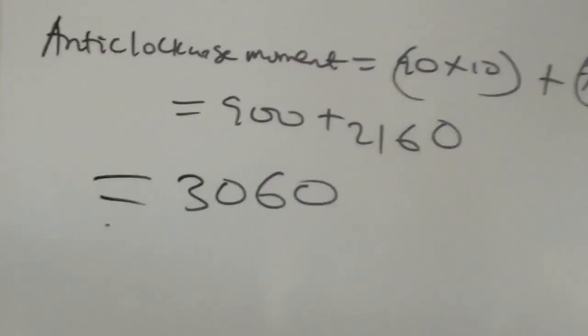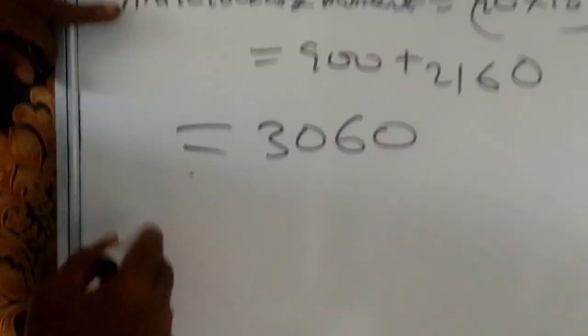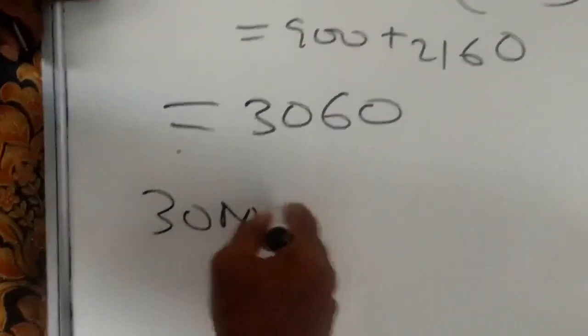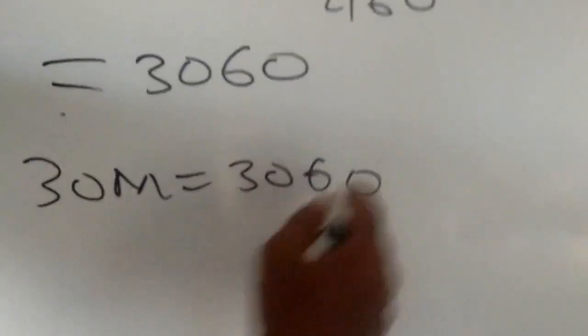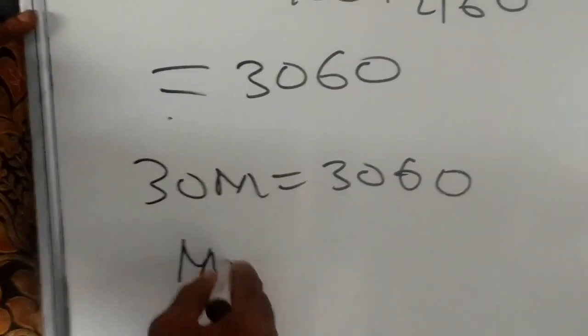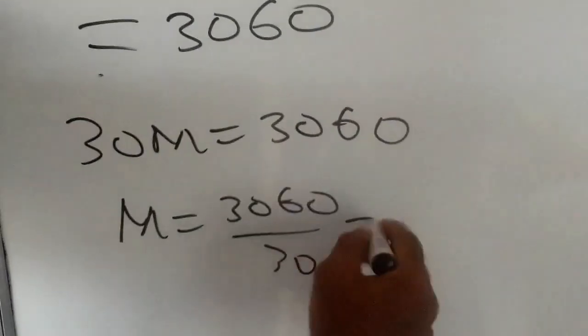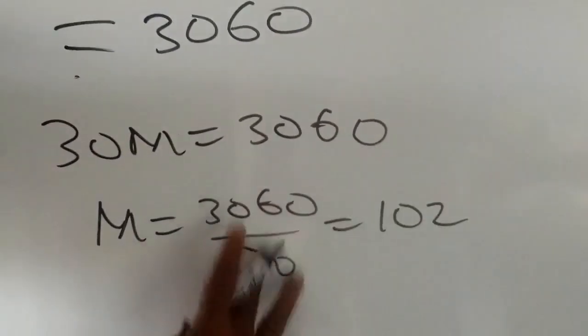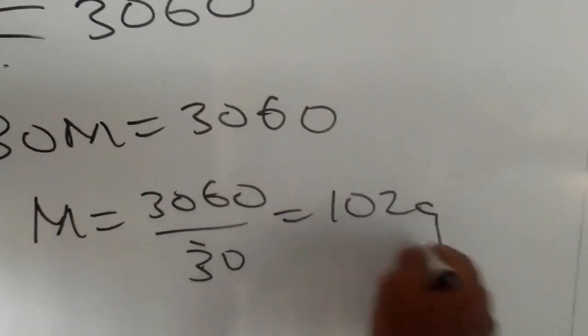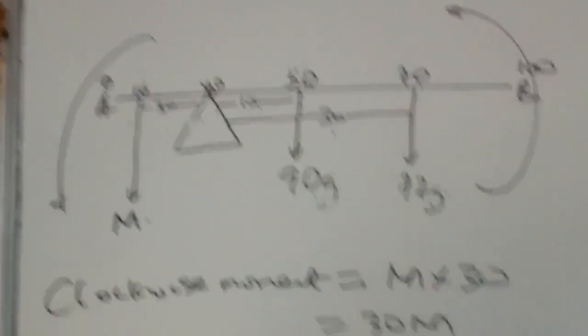So use the principle of moments, which says that clockwise moment equals anti-clockwise moment. We now say clockwise, 30 m, equals 3060. Making m the subject, m becomes 3060 over 30. That gives you 102. The unit is grams because the masses are written in grams. So the unknown mass is 102 grams.